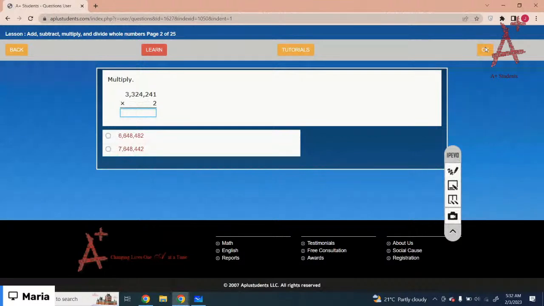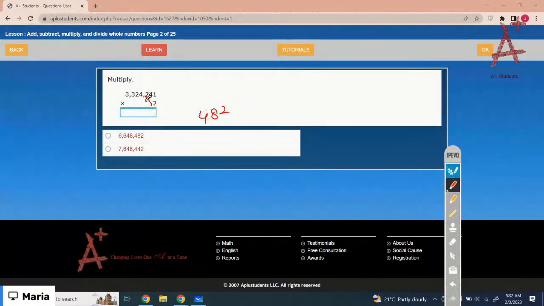Okay. So now we have to multiply. Got it? So that is the simple multiplication. 2 times 1 is 2. 2 times 4 is 8. 2 times 2 is 4. 2 times 4 is 8. 2 times 2 is 4. 2 times 3 is 6.